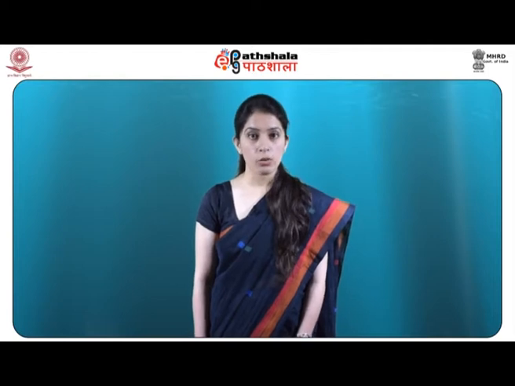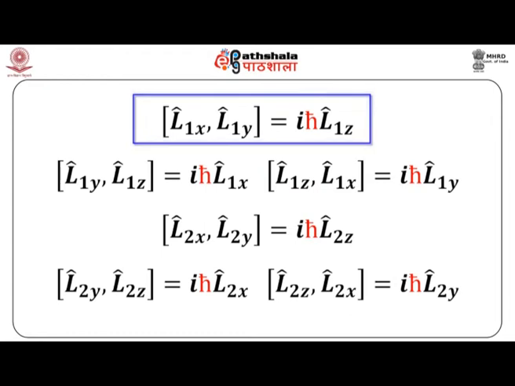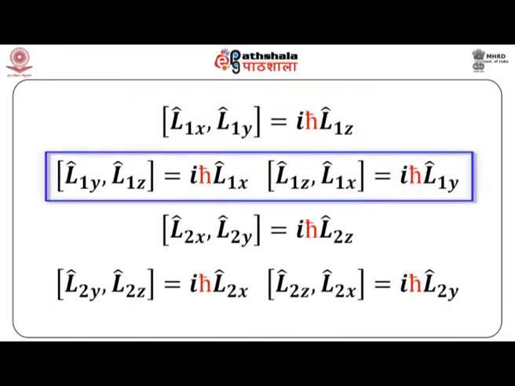The commutation relations so derived earlier for one electron system very much hold true for L1 and L2 components as well, and over here we find that L1x, L1y do not commute, and the commutator comes out to be iota h cross L1z. Similarly, the commutation of L1y and L1z gives commutator as iota h cross L1x. Similarly, the commutation of L1z, L1x gives the commutator as iota h cross L1y.